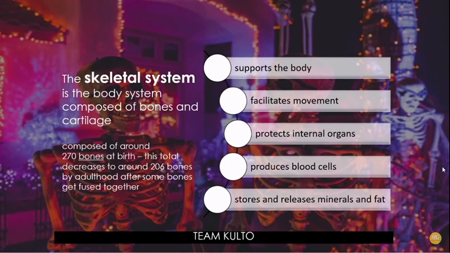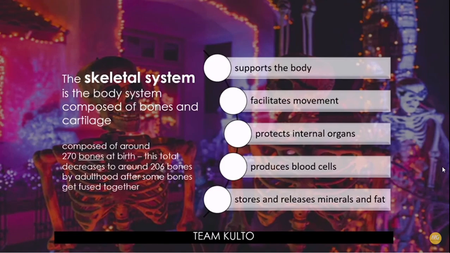It is composed of 270 bones at birth, and this total decreases to around 206 bones by adulthood after some bones fuse together, mainly in the skull. The bone mass in the skeleton reaches maximum density at around age 21.